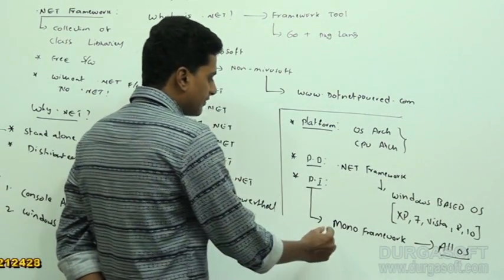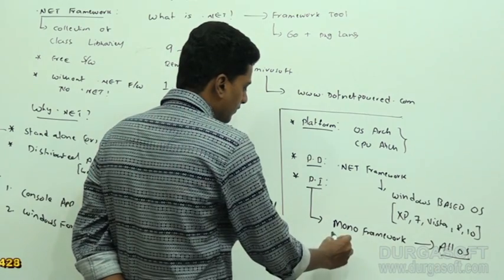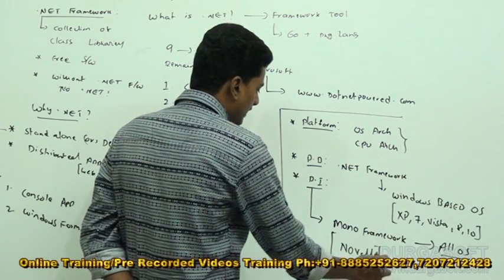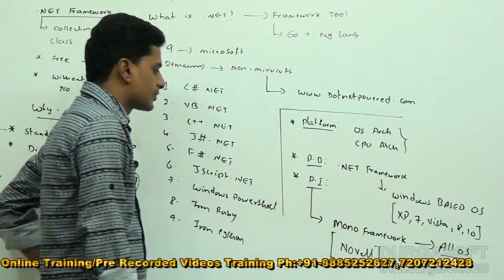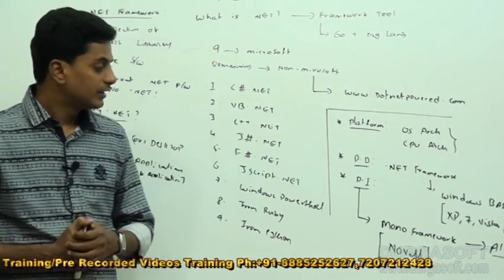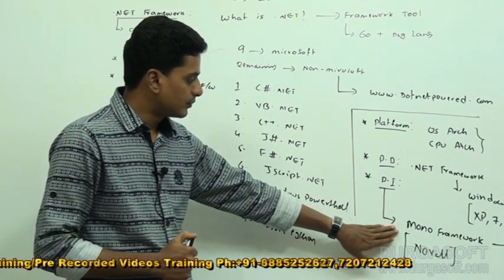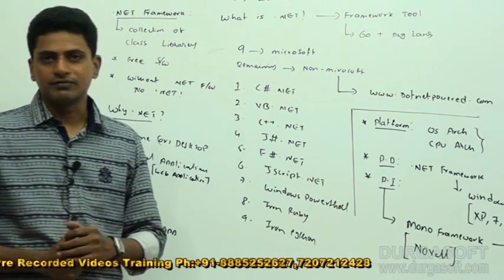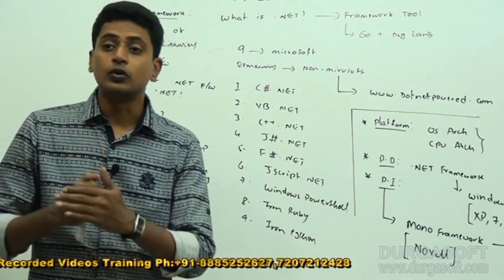So what is Mono framework here? Mono framework is a third-party framework which is developed by Novell company. So if you want to make your .NET application platform independent, then we should use a framework called Mono framework.